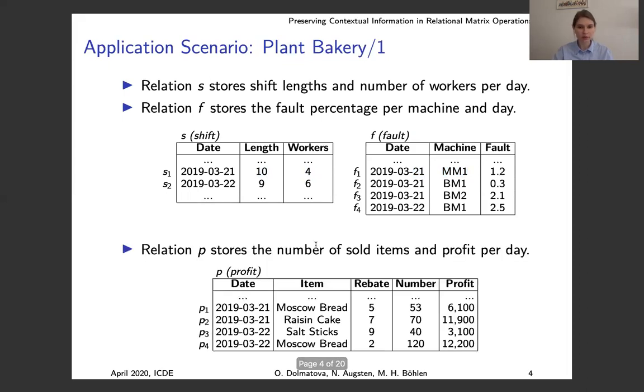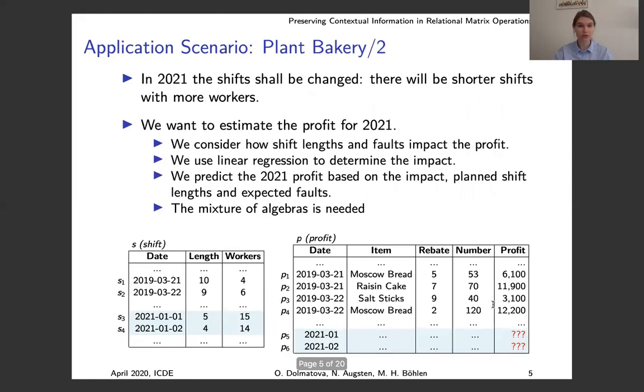Finally, the relation profit stores information about selling baked items, and tuple P1 states that on the same day, 53 items of Moscow bread were sold with a 5% of rebate and a total profit of $6,100. In the year to come, in the year 2021, the schedule is changing, introducing shorter shifts and increased number of workers.